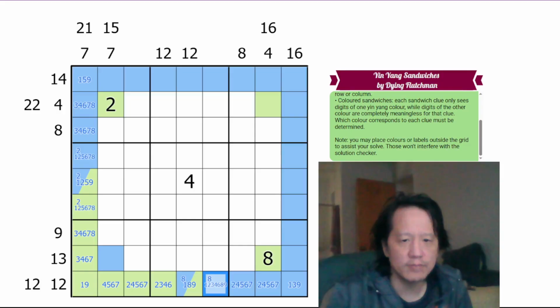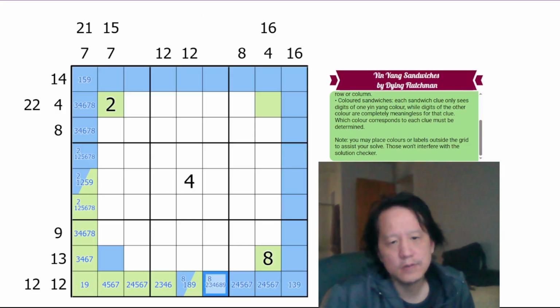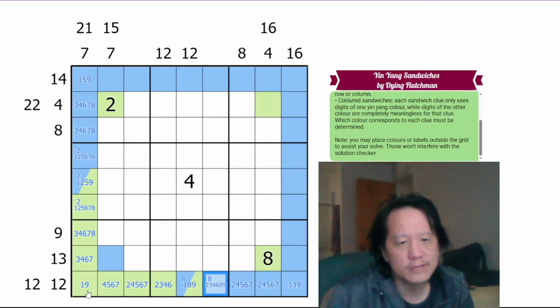So this cannot be 1. So 1's going to be either between these or between these. Same with 9, actually. 9 has to be between 6, 7, and 8, whichever one it is. But it could be with 1 or 2.